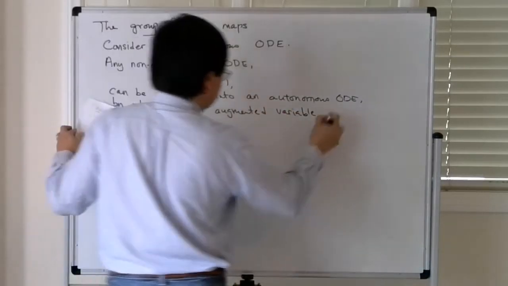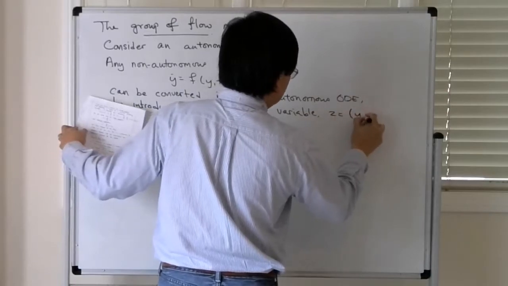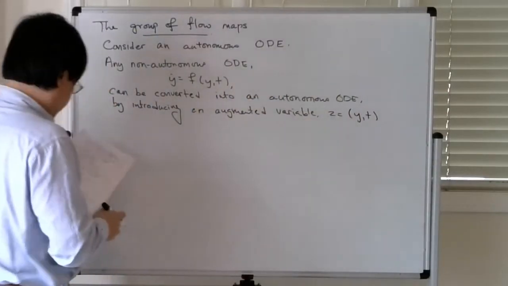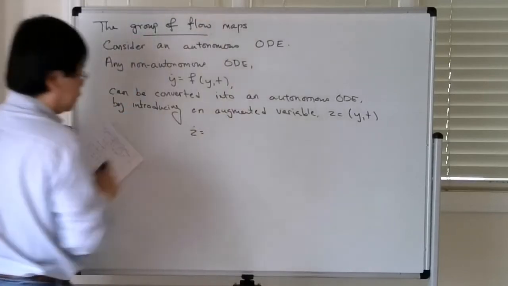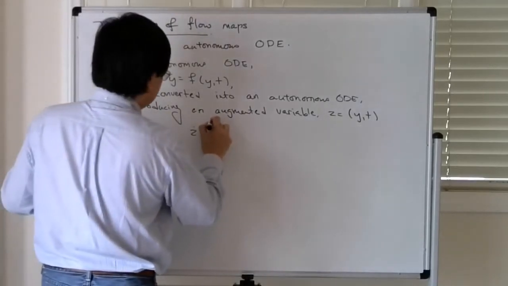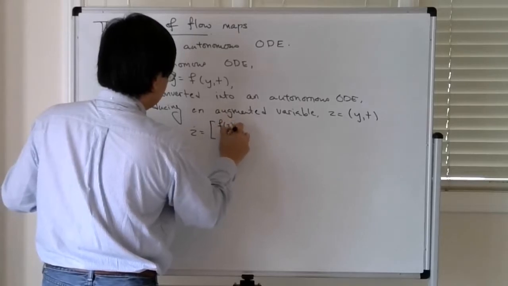Let's just call that z, which is y and t. Okay, and then in this augmented variable, the differential equation looks like z dot is equal to f of z and 1.